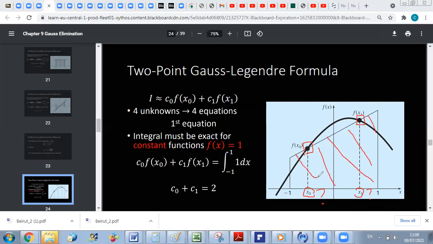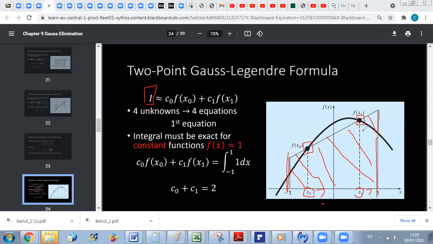When I perform this integral, I will find the area under this curve, okay? But now, instead of computing the integral by just considering that I will take a function and find the area under the curve, no. I will take points that are in between, not at edges of my trapezoid. And I want to try to have exact value of my integral for functions that have higher order than a linear order.